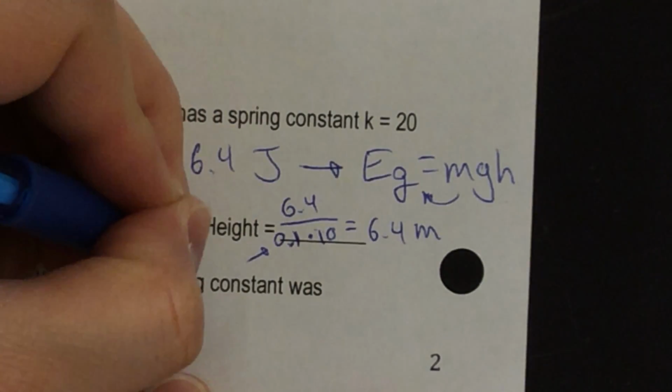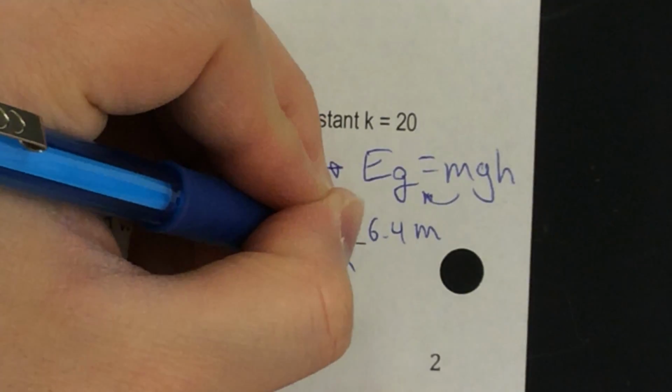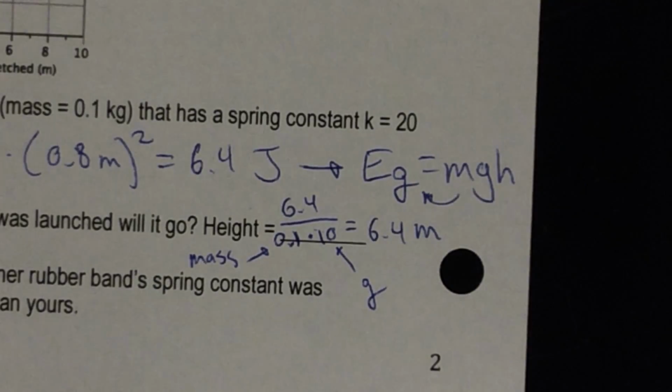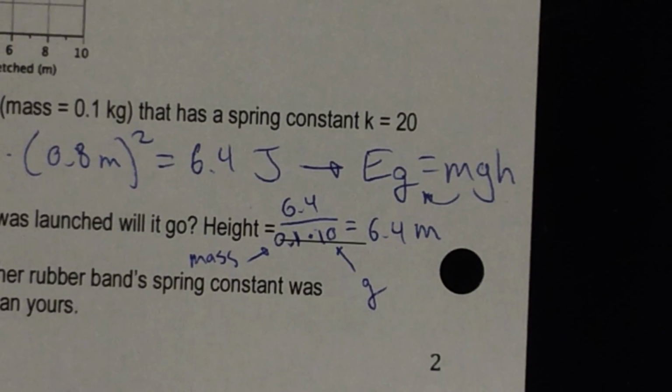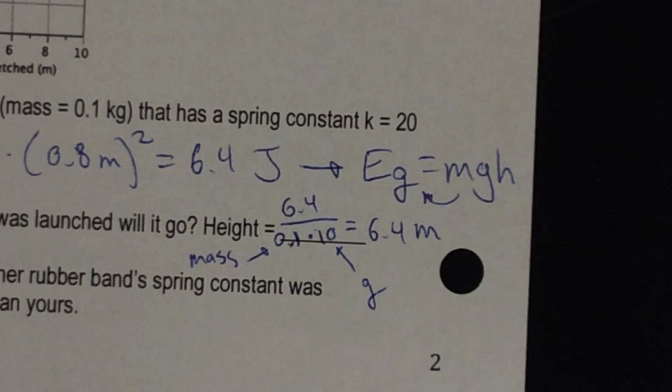This is from the mass. And that is from g. Because you're solving for h, so you just divide both sides. Okay. Questions? No. I want you to keep this for your notes.